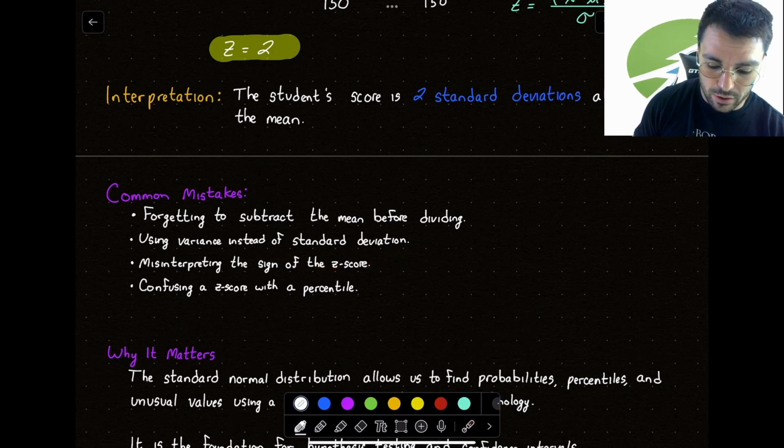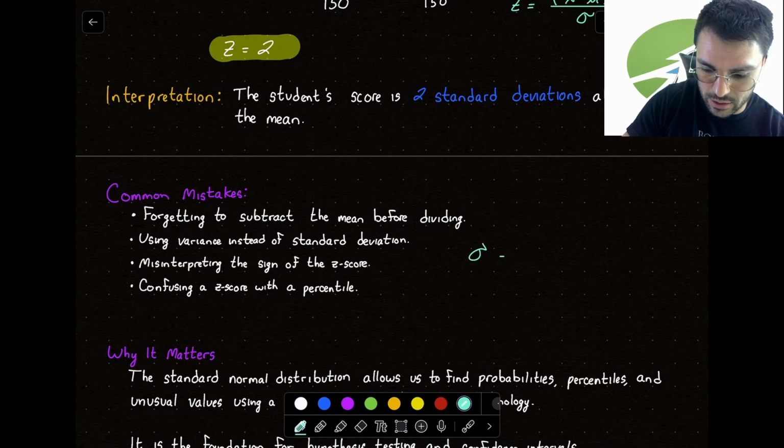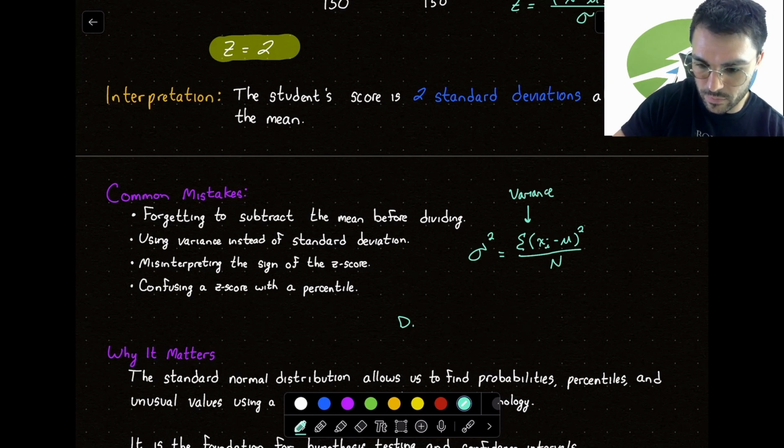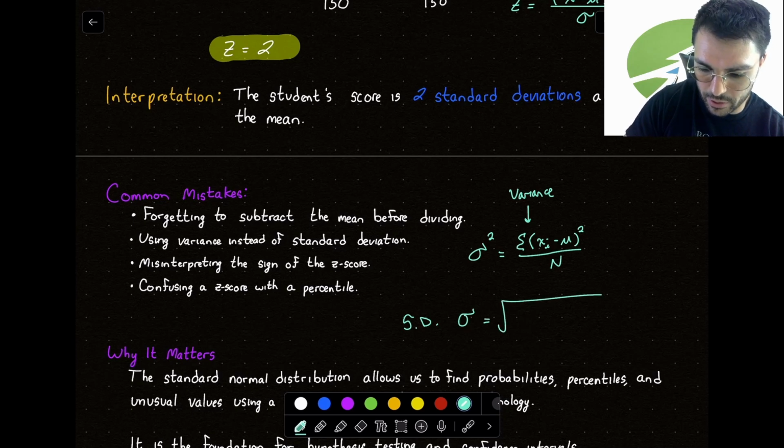Remember, variance equals this, where that's squared. So that's our variance, where standard deviation is this.